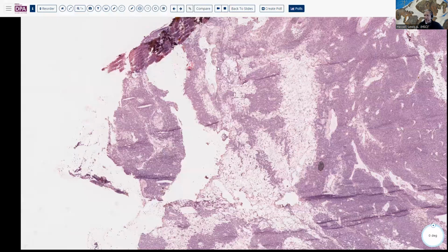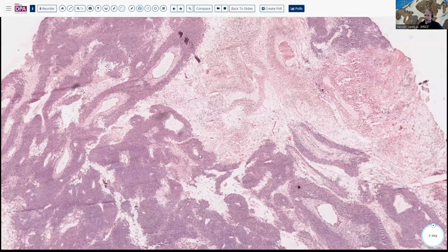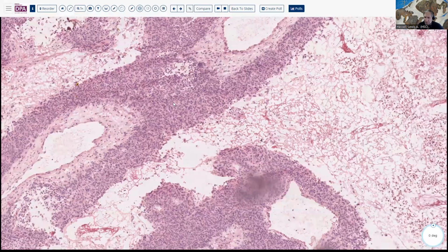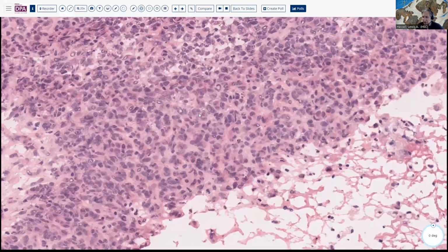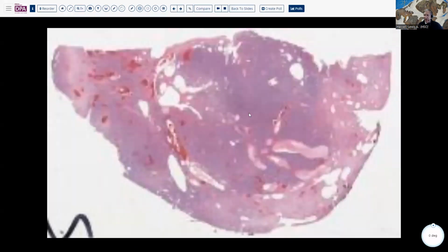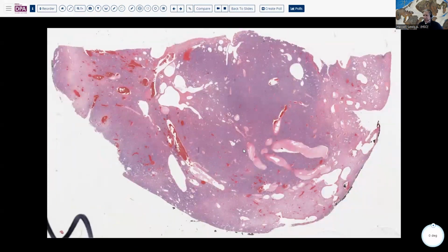Not a lot of collagenous tissue. We sometimes describe ropey collagen in these lesions, but you'd be hard pressed to find that in this particular lesion, which may actually even be a frozen section, a little bit of artifact here. Now, why is this in the spindle cell differential? Well, even though it's not very spindly, it does tend to have some of those features.